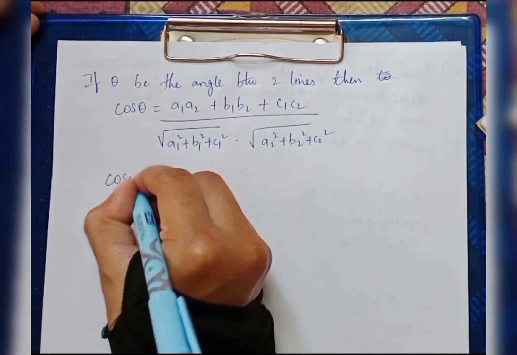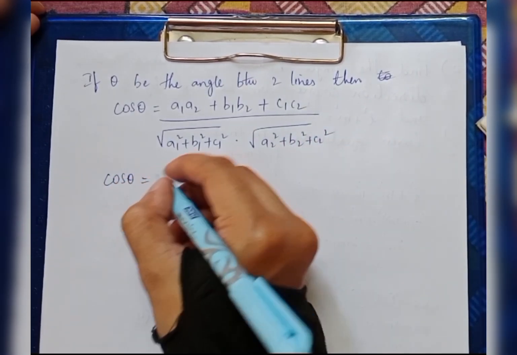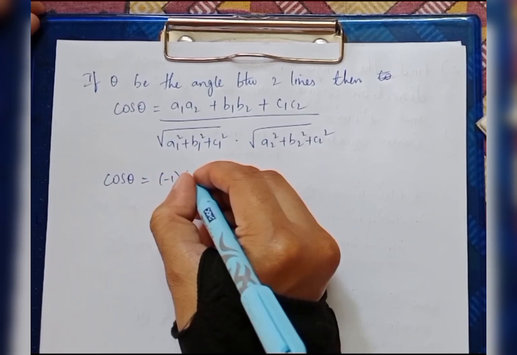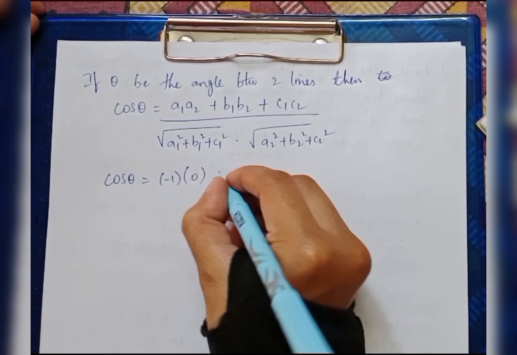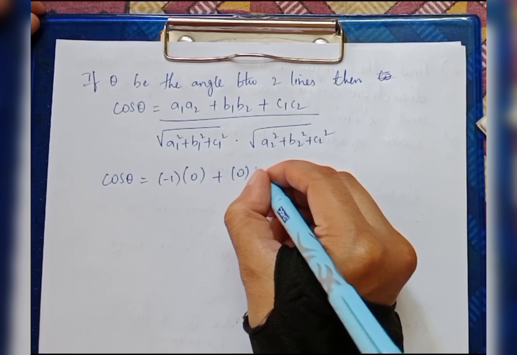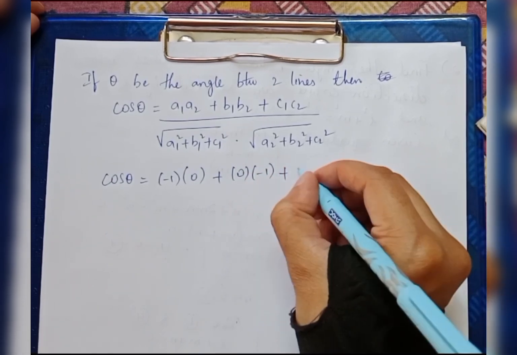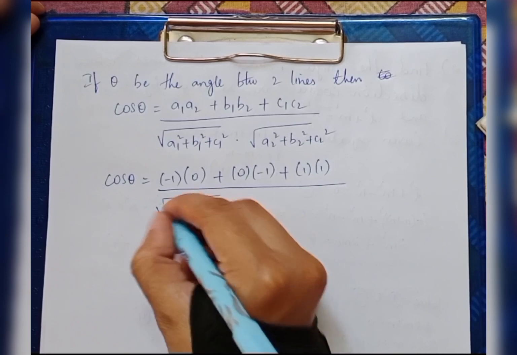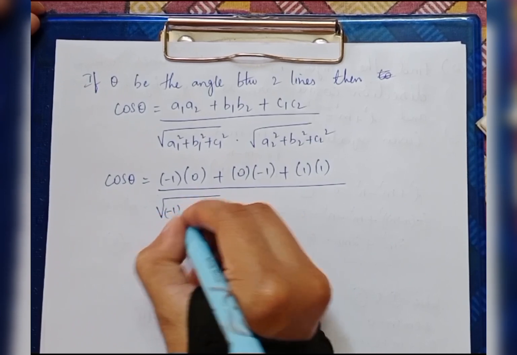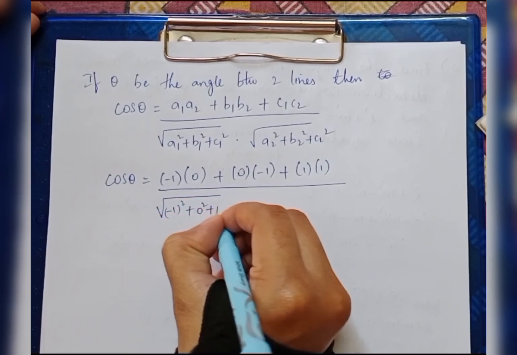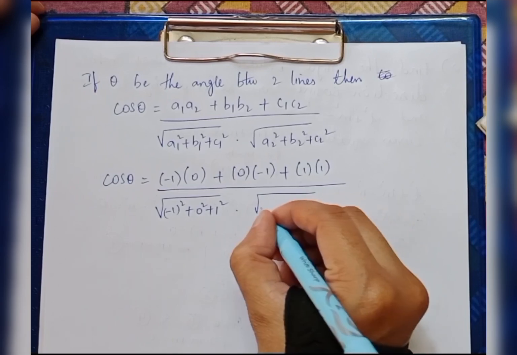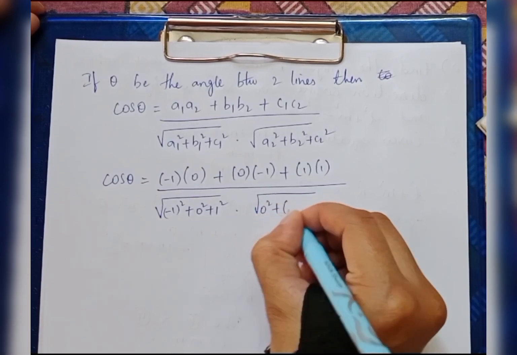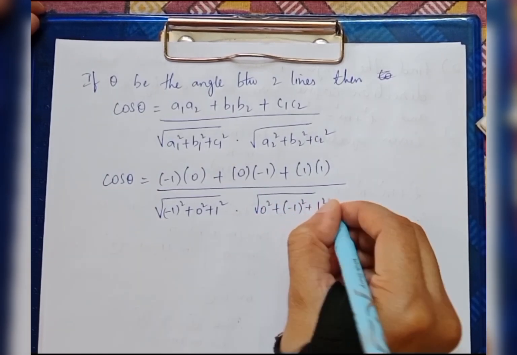So it will be cos theta is equals to, the value of a1 is minus 1 into a2 is 0 plus b1 is 0 into b2 is minus 1 plus c1 is 1 and c2 is also 1 by root of minus 1 square plus 0 square plus 1 square into root of 0 square plus minus 1 square plus 1 square.